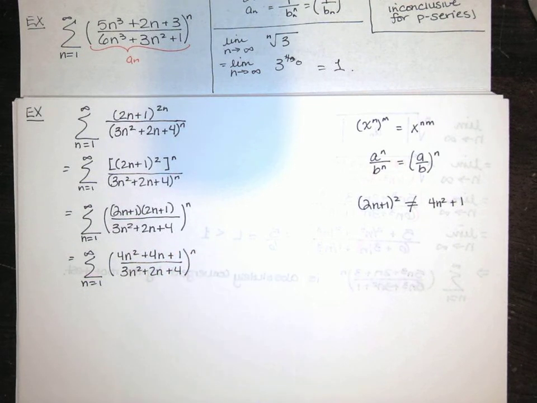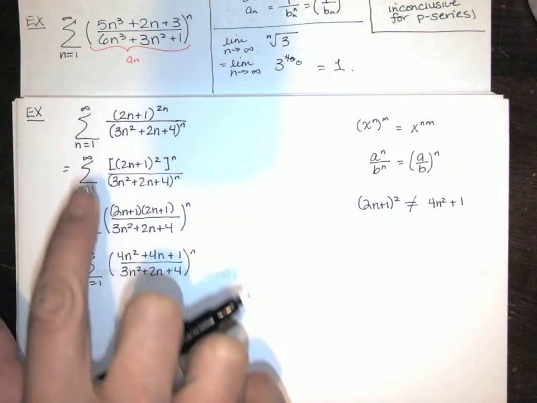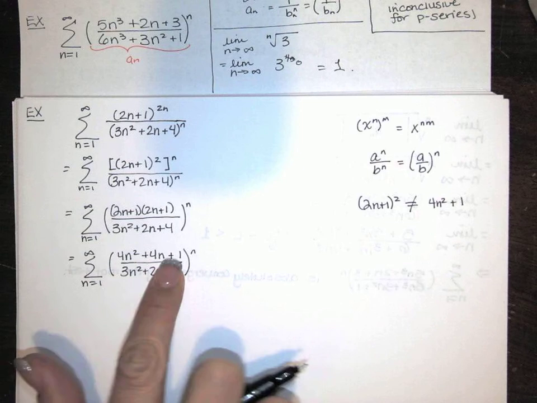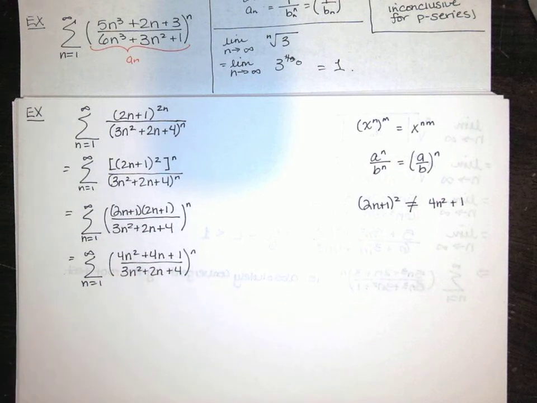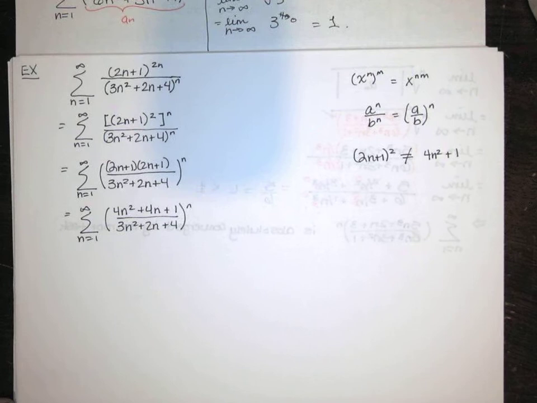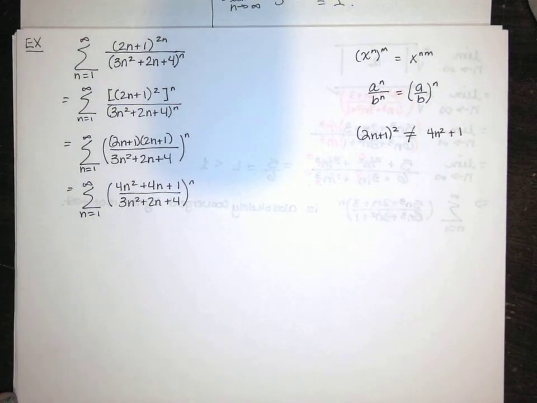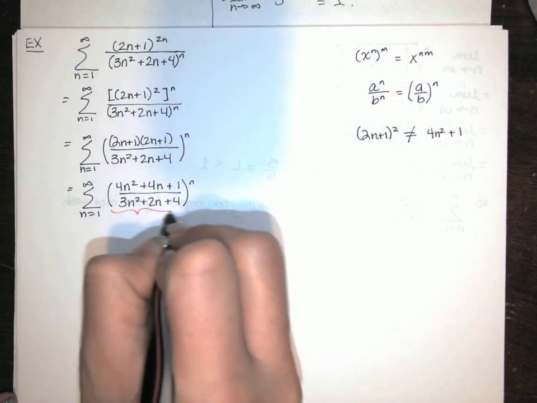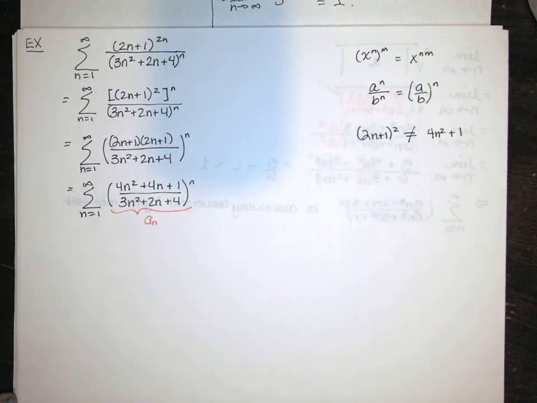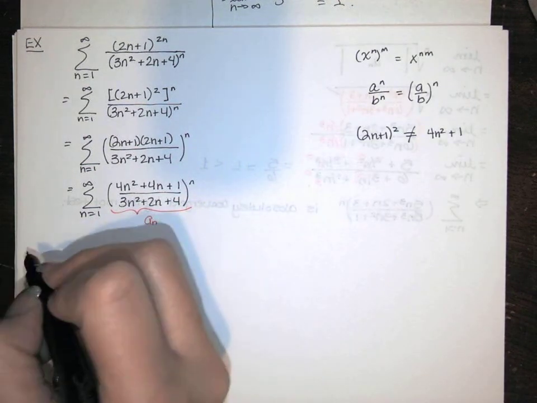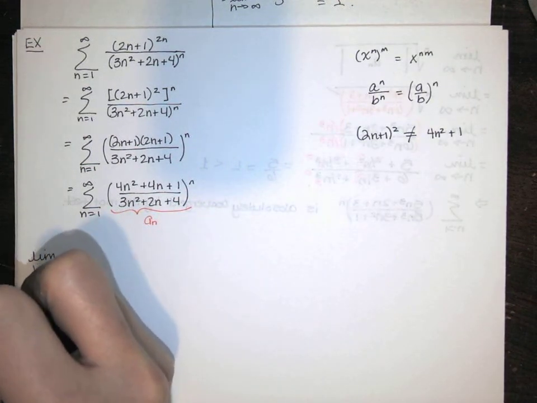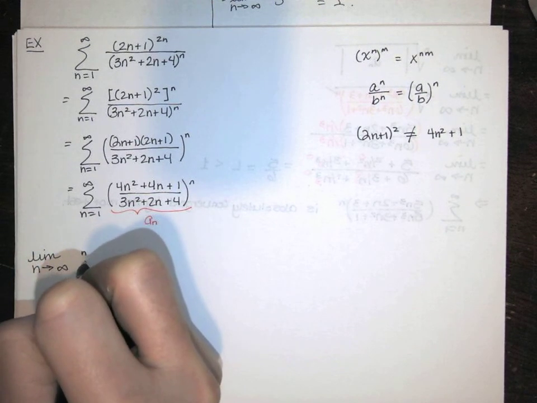Yes. Now it looks almost identical to the last problem we did. But look how different it is. That 2 made a very big difference in that numerator when I take the nth root. I think it's going to have some consequences for the convergence of this series. So let's compute the nth root of the absolute value of a sub n, and then compute its limit as n goes to infinity.